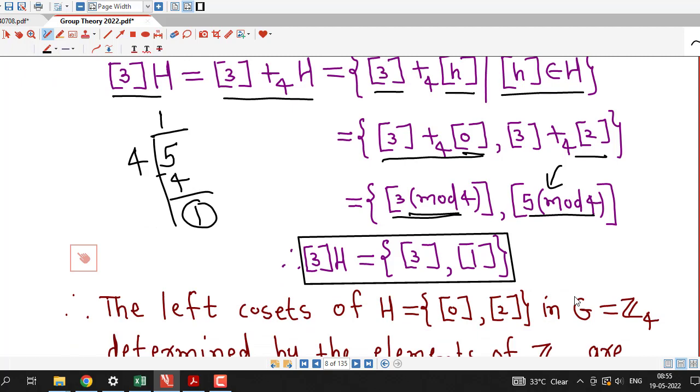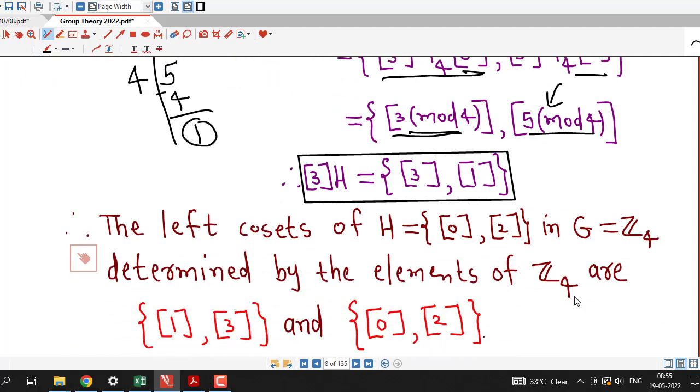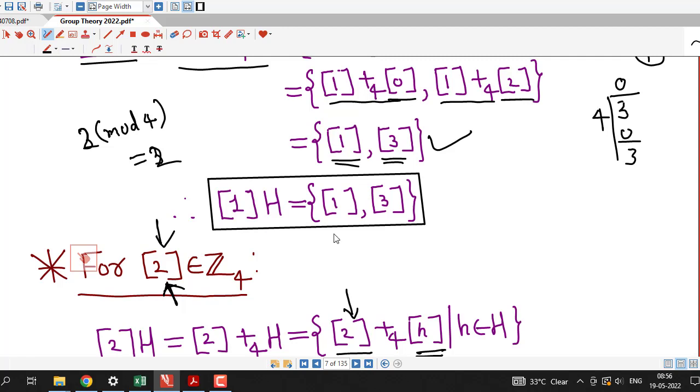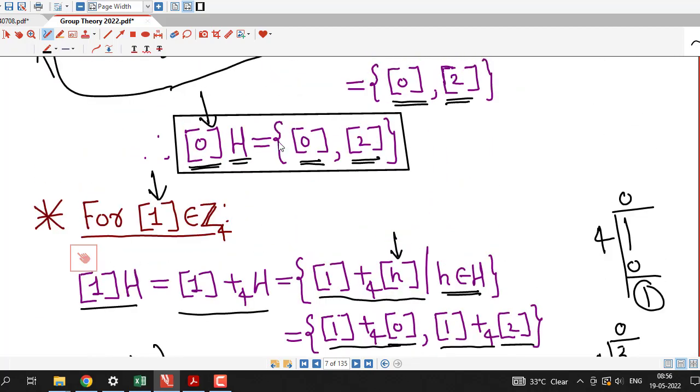So in this way we obtain that the left cosets of H in G determined by the elements of Z4 are these two sets, containing the equivalence classes generated by 1, 3 and 0, 2. You can observe here that the left coset determined by element 3 is 1, 3, and here it is 0, 2 by 2. This is the left coset determined by element 1, having two elements 1, 3, and 0H is 0, 2.